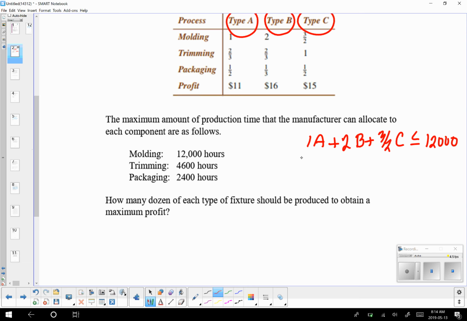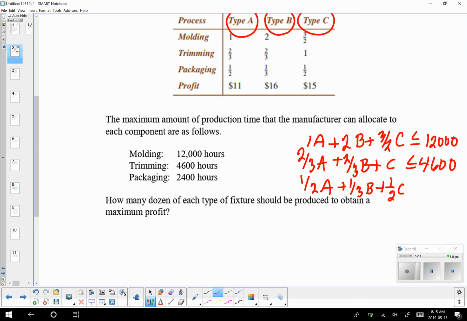And then in trimming, we have 2/3 of A plus 2/3 of B plus C is less than or equal to the 4,600 hours in trimming. And in the last one, we have half of A plus a third of B plus a half of C is less than or equal to 2,400.